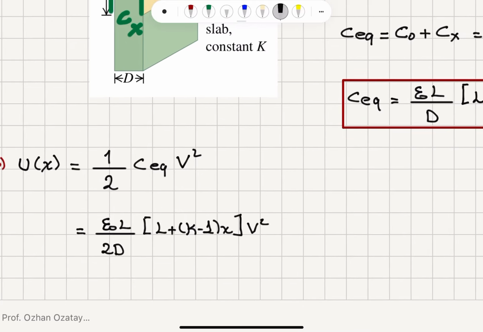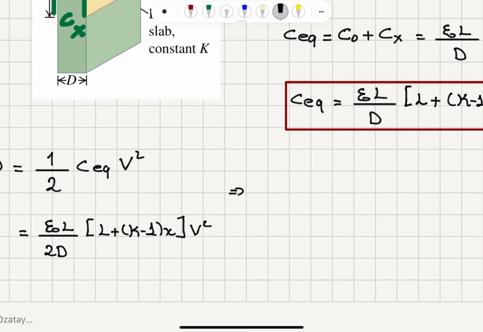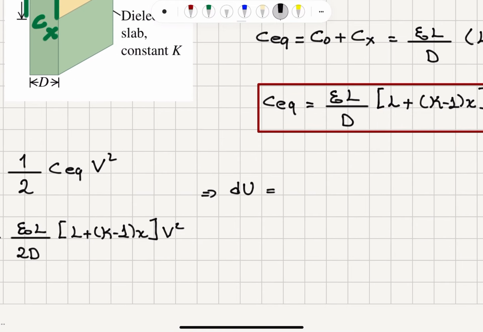So if I inserted an additional distance, then the change in the stored energy dU will be the differential version of this. Since there is no x here, the derivative is 0, so only this term gives me a contribution. So dU will be plus epsilon 0 capital L (kappa minus 1) V squared dx divided by 2D.